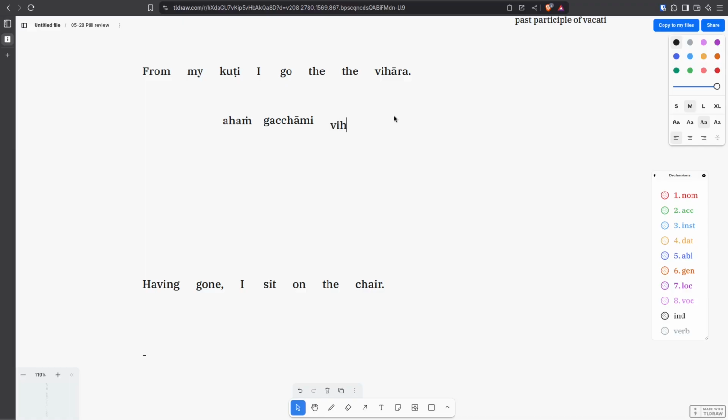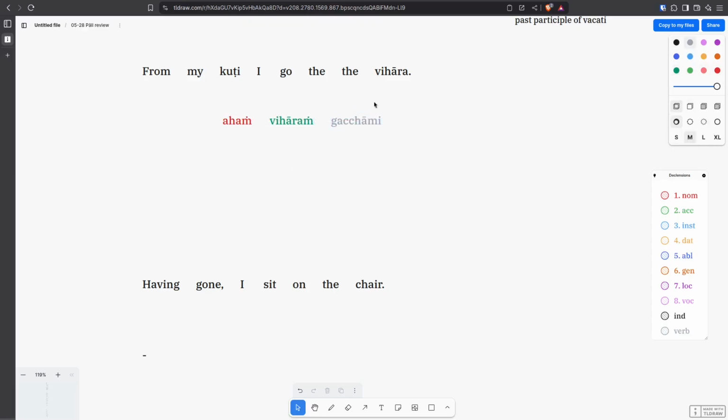So it's the accusative of motion. And so the place where you're going is in the accusative. So the order is usually more like this: aham viharam gacchami. So I to the vihara go.